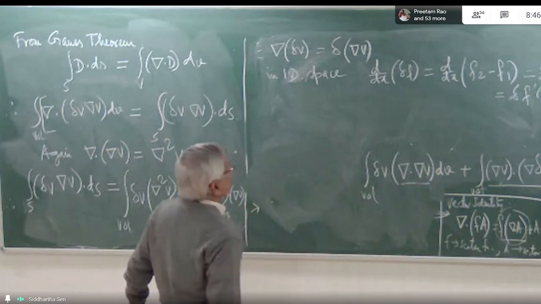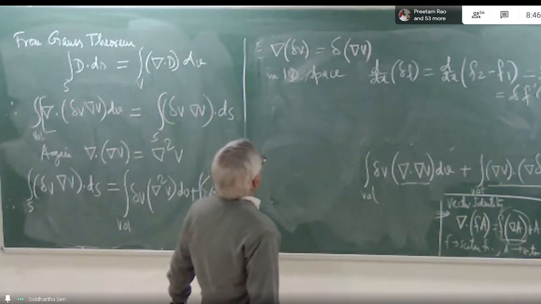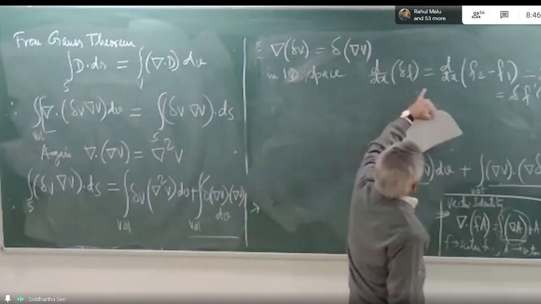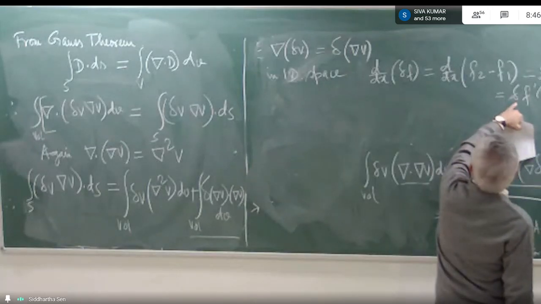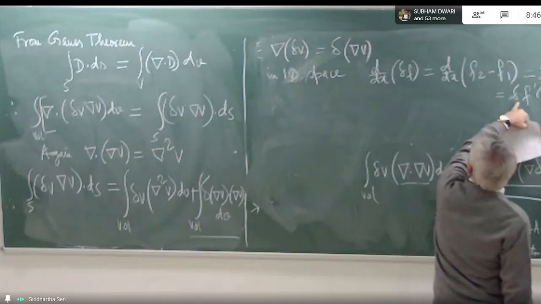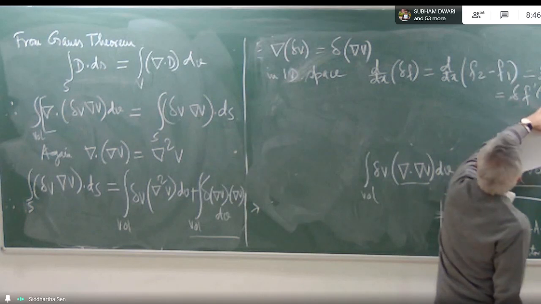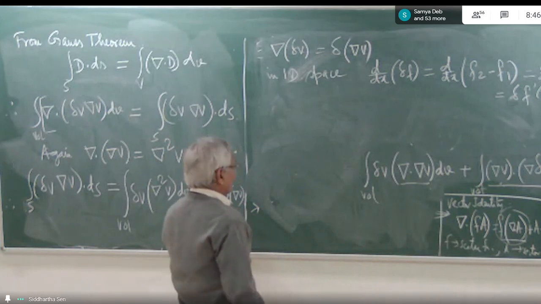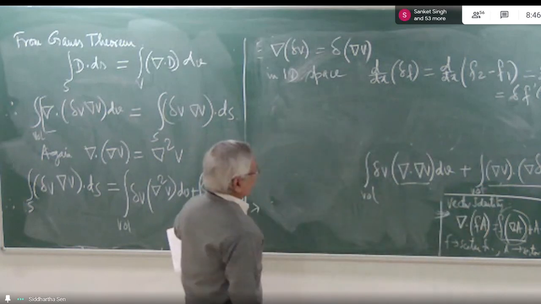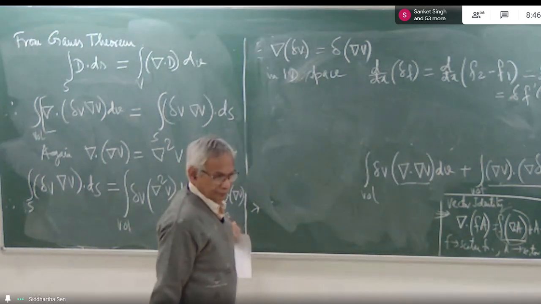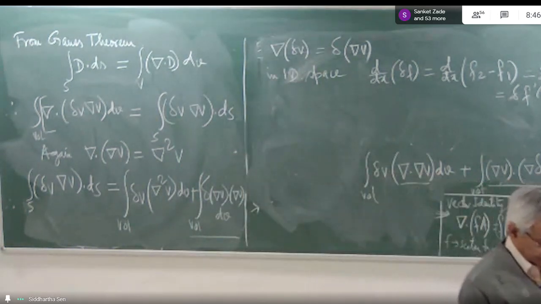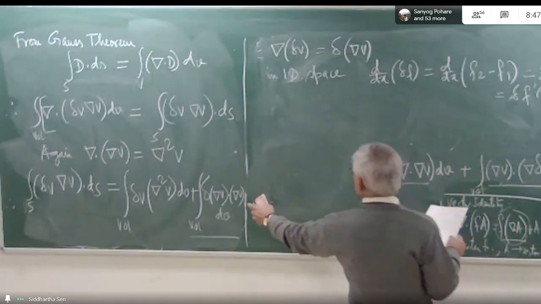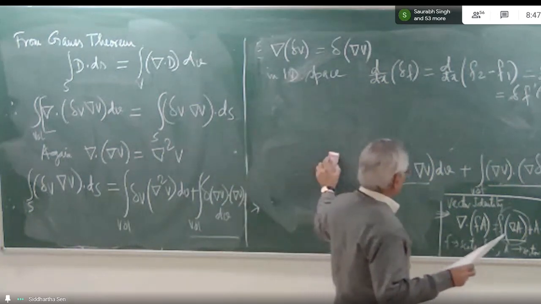So the derivative of the variation delta f can be expressed as the variation in the derivative. In this way, I can safely write that this term is equal to this term. Is it clear? So this statement is probably justified.